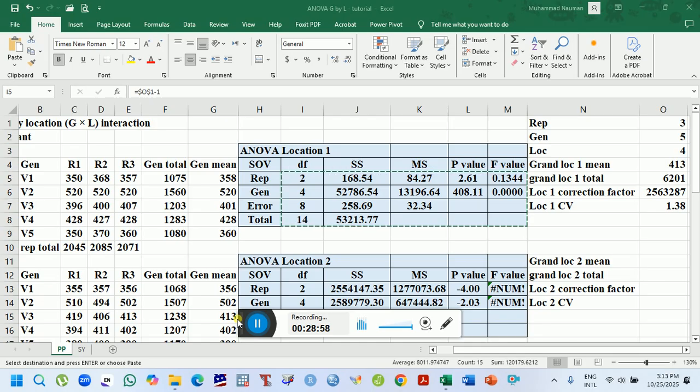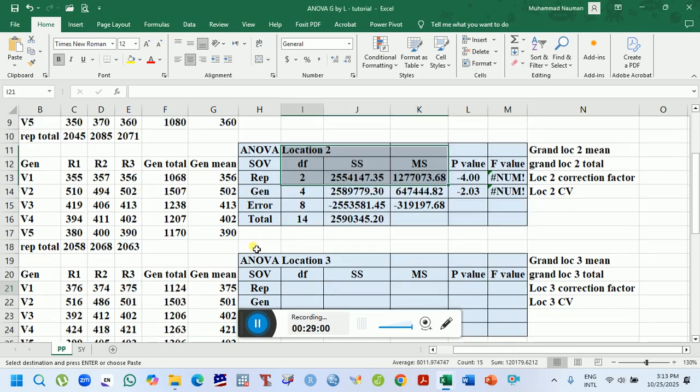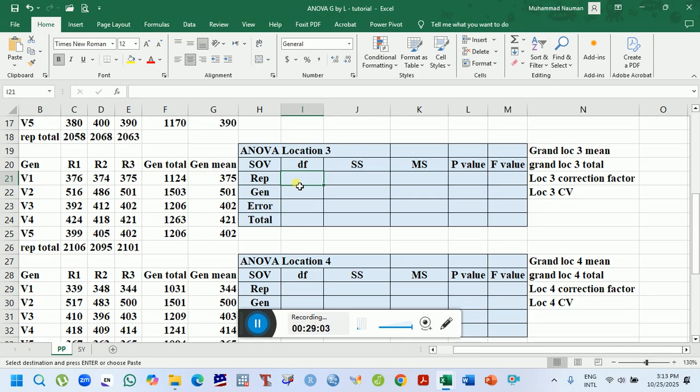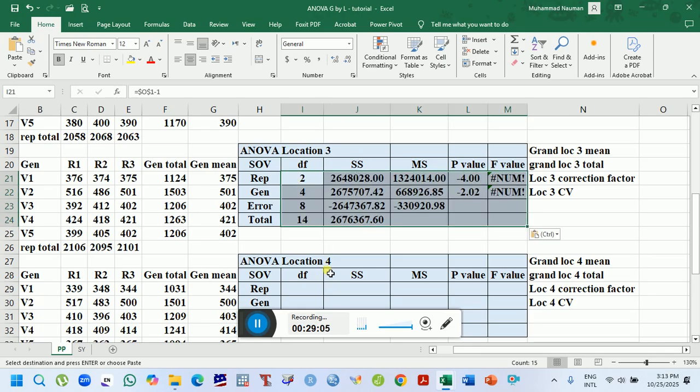Paste it in each location. In location 3, control V. In location 4, control V.